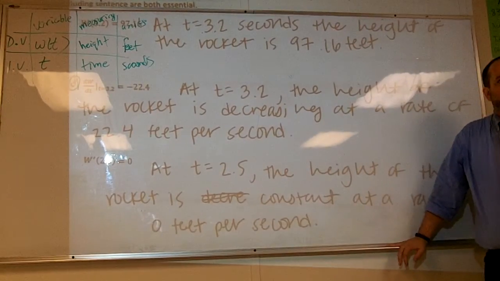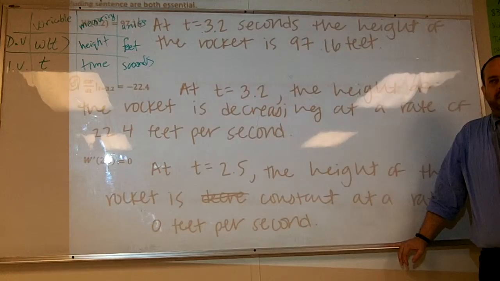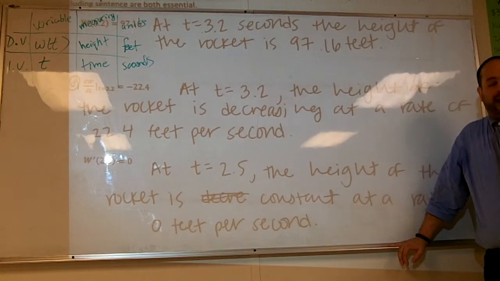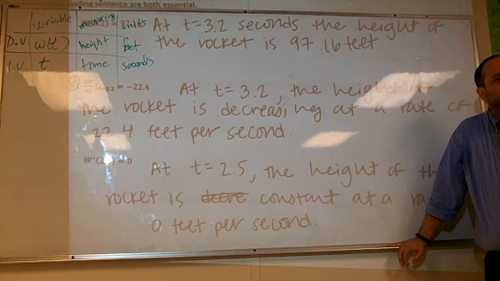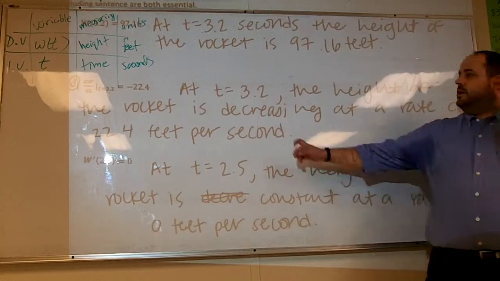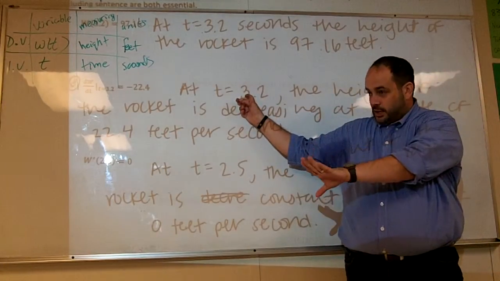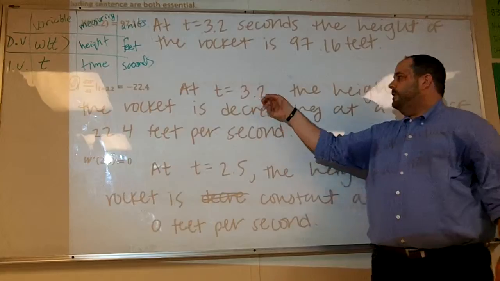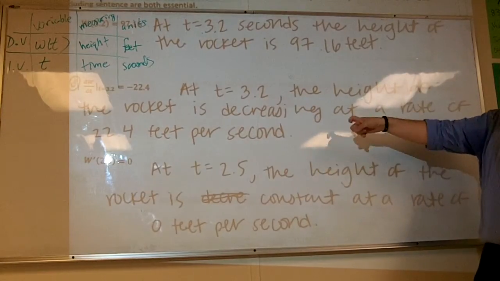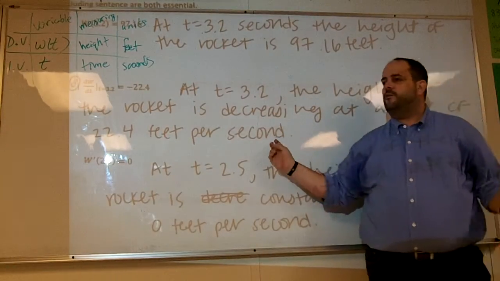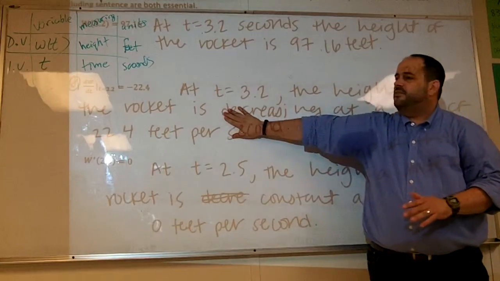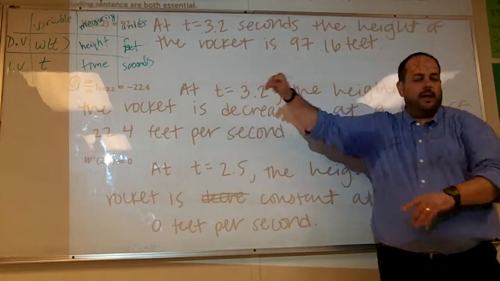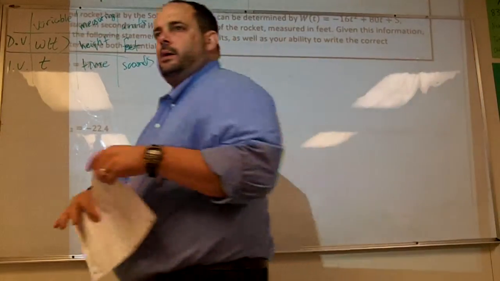I think this is worthy of a full point. Anthony, what would you do to make it a little bit better? You could make it a little bit tighter by using the units. At t equals 3.2 seconds, the height of the rocket is decreasing at a rate of 22.4 feet per second. I love it. It's full point worthy. Adding the seconds makes it even better.